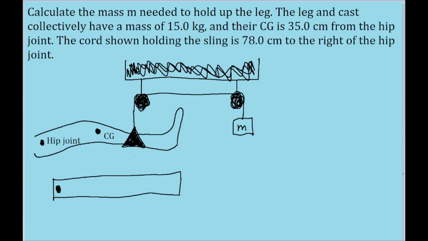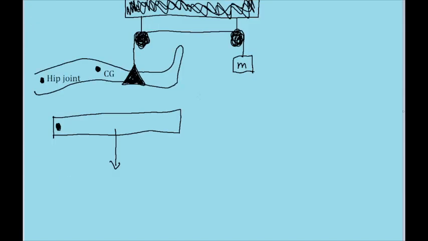And there are two different forces that are going to be acting on the leg. First, originating at the center, is the weight of the leg. It's going to be pointed downwards like this, and I'm going to call it Mg. I'm going to use a capital M to refer to the whole mass of the leg.